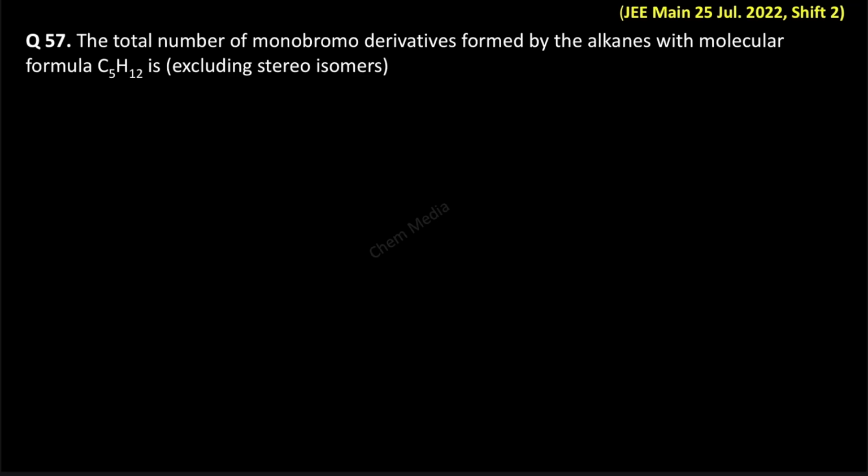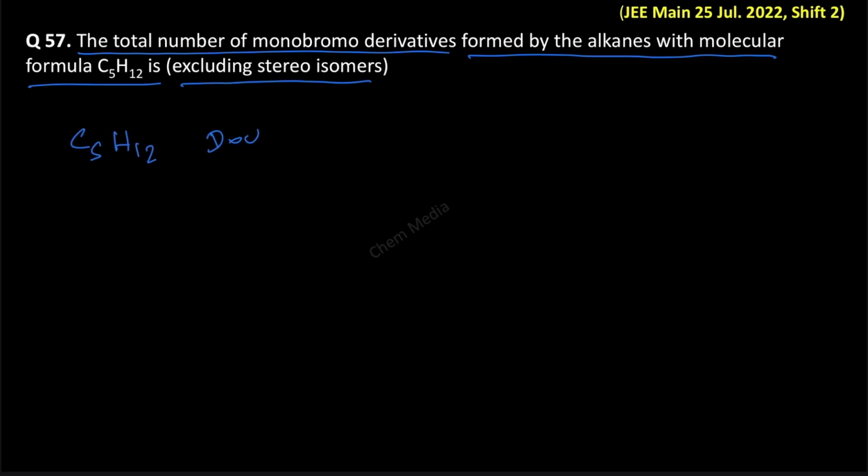The total number of monobromo derivatives formed by the alkanes with molecular formula C5H12 is how many? We have to exclude the stereoisomers. We know that C5H12 is a completely saturated elemental composition with the degree of unsaturation equal to 0, because this would fit into the general molecular formula CnH2n+2 with the n value equal to 5.